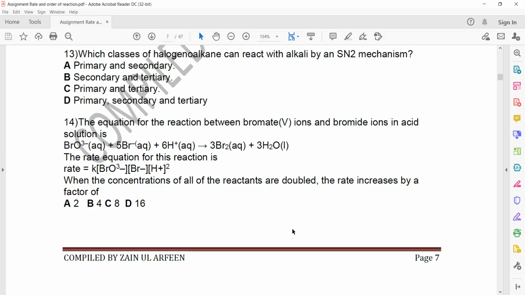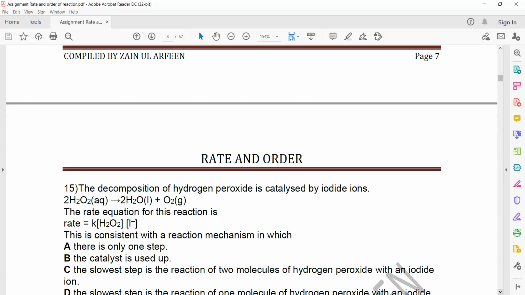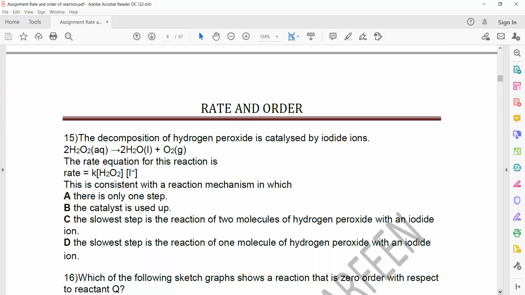When the concentration of all reactants double, the rate will increase by... it's the same question repeated. What could be the right answer? 16 again, D. So you will find that questions are similar and repetition is also there.